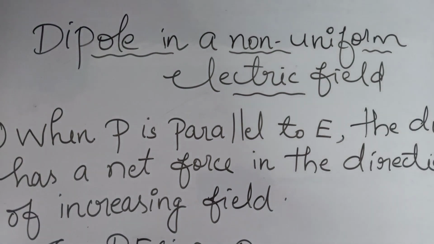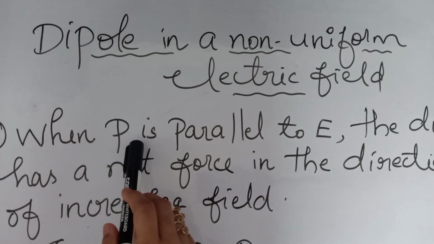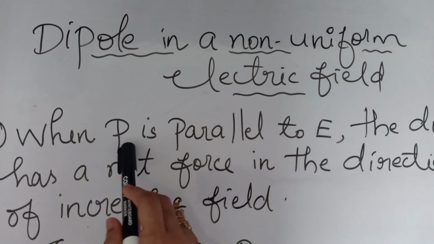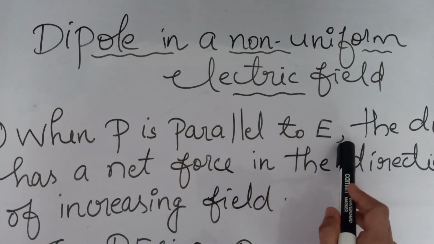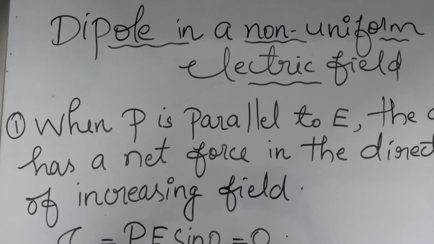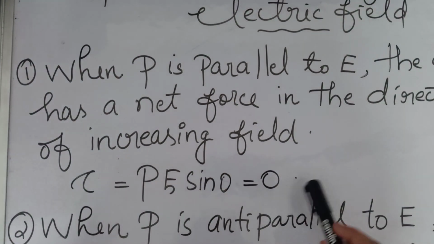If P is parallel to E, that means the dipole moment is parallel to the electric field, then the dipole has a net force in the direction of increasing field, and torque will be 0 because tau will be equal to PE sin 0, that will be equal to 0.